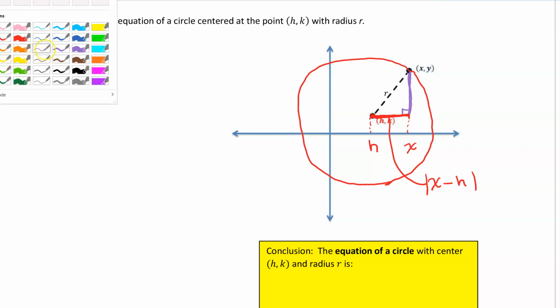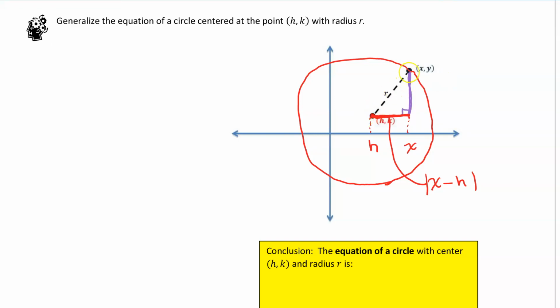The purple distance, well, this right here is the y value, and this right here is the k value. So this purple distance, the distance from k to y, is y minus k, and I say absolute value in case it is negative.